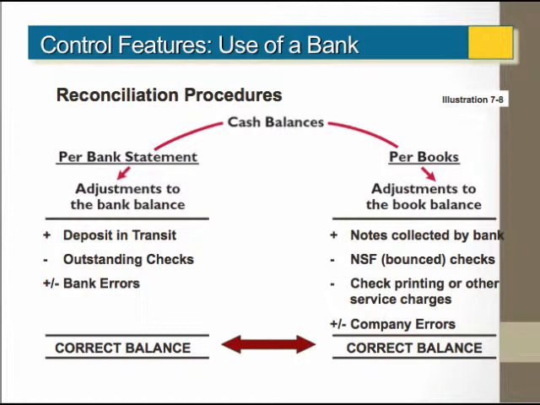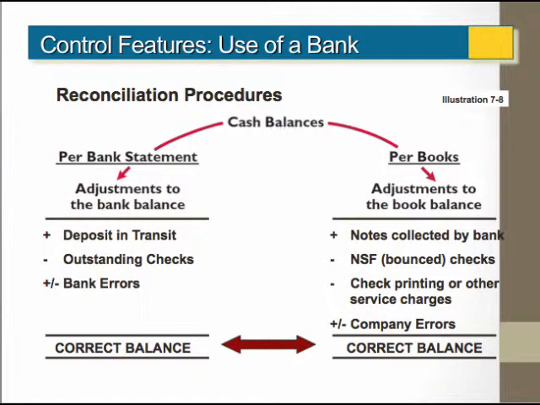Any additional charges that the bank has made against your account need to be reduced out of the per book balance. So what ends up happening is, once you take the balance per books, add in the funds collected by the bank on your behalf, subtract out the NSF checks, subtract out any other service charges, and then make adjustments for any errors that you have made, you will then have an adjusted book balance.